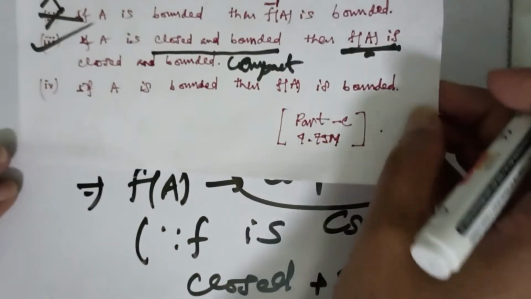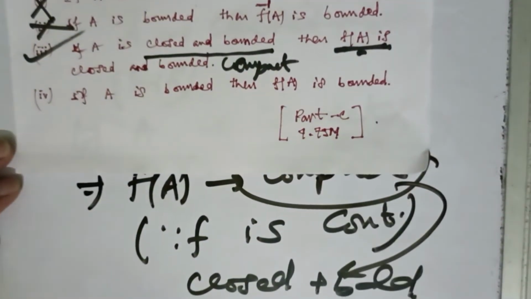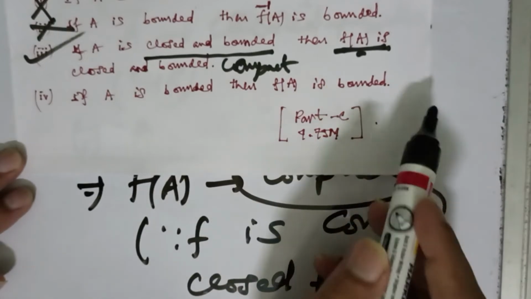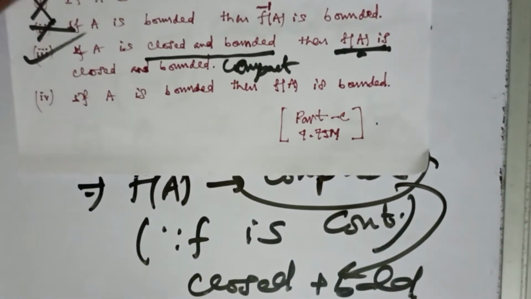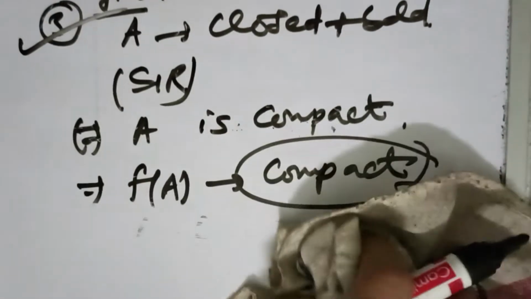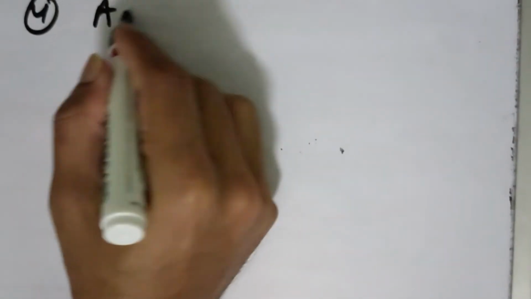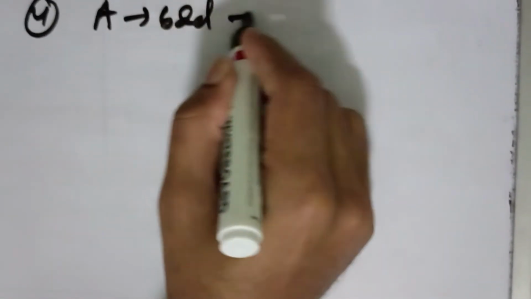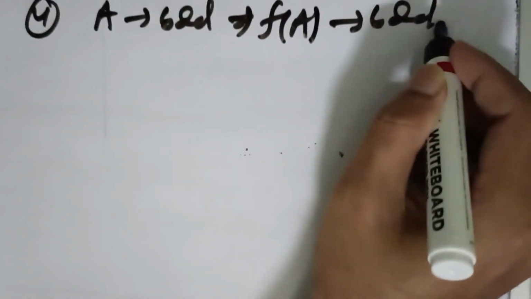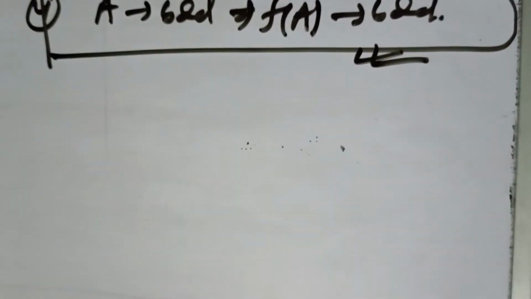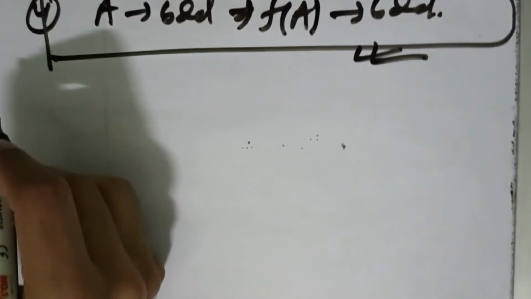Now option 4. For option 4 I am giving a short proof by contradiction. It says: if A is bounded, then f(A) is bounded. This is a true statement, and I am going to prove it.